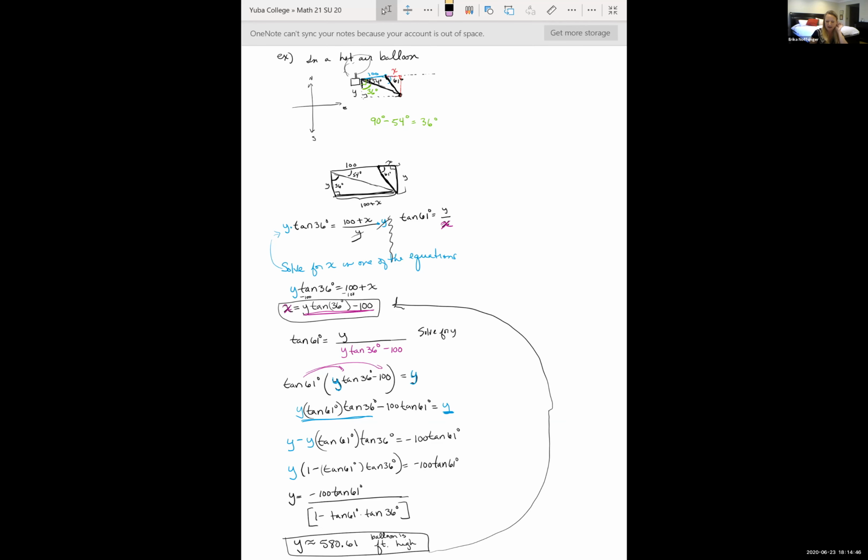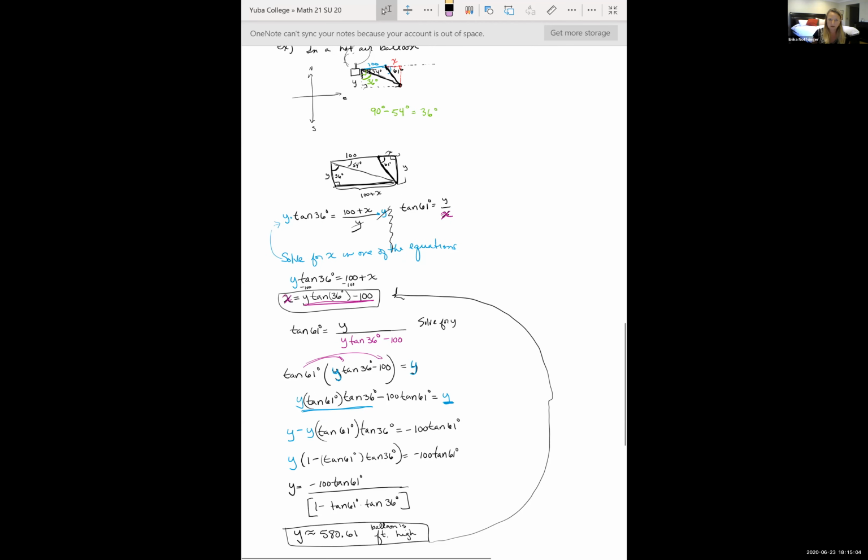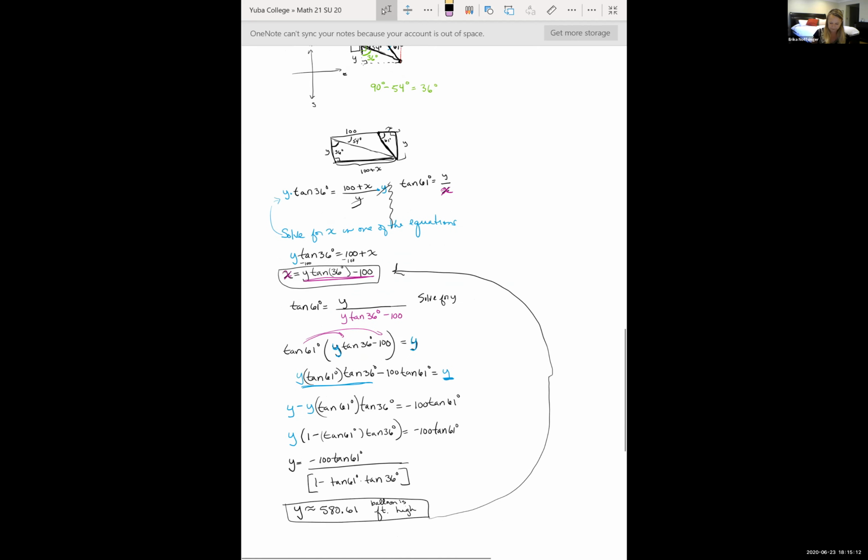I did that to figure out what one of the angles was so I could make a right triangle in there and use trig. Okay, let's set up one more.